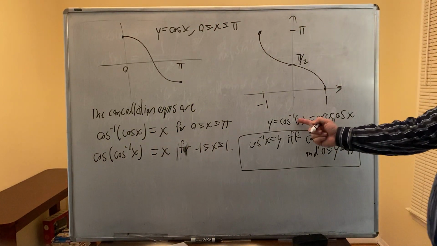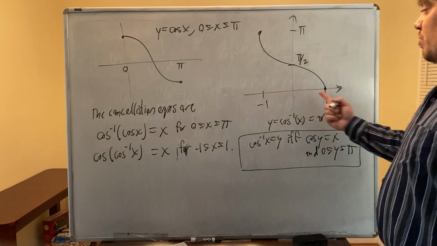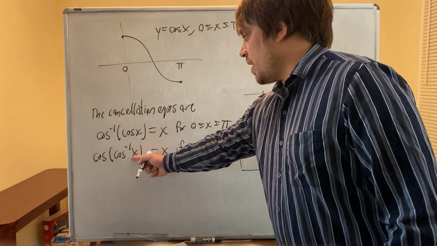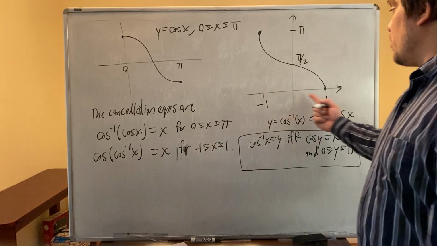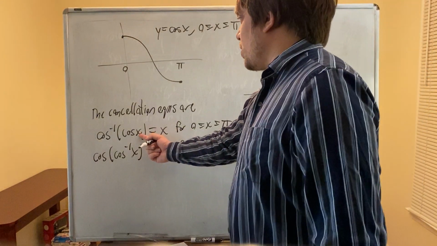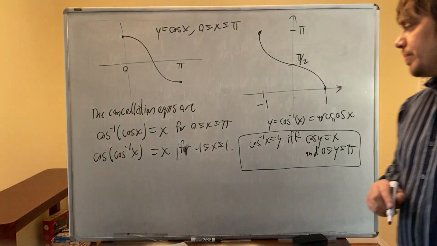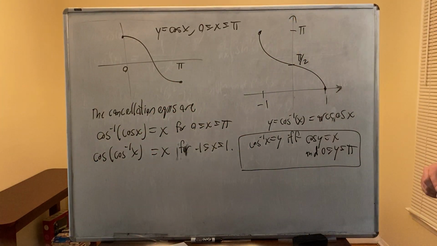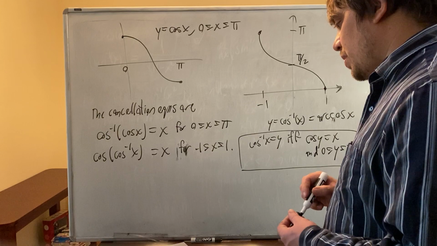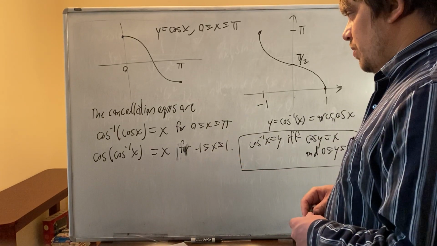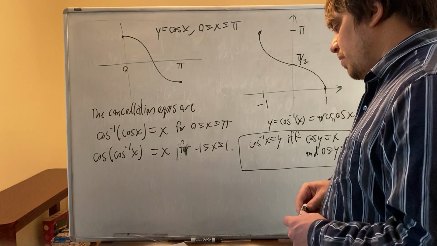The input of cosine inverse is from -1 to 1, so the x you put into cosine inverse ranges from -1 to 1. The input for cosine here is from 0 to pi. Those are the cancellation equations for cosine x and cosine inverse.